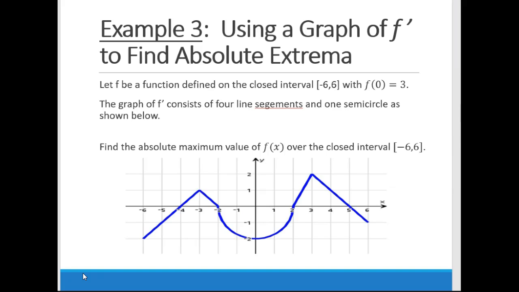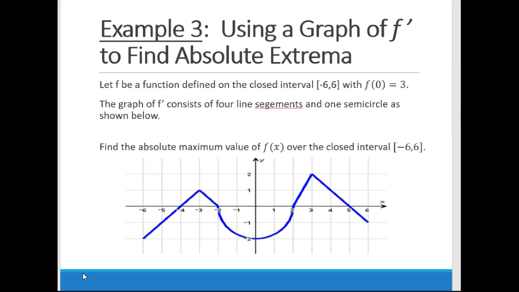Okay. So in example number 3, use a graph of f prime to find the absolute extrema. Let f be a function defined on the closed interval from -6 to 6. Again, an initial condition is given: f of 0 equals 3.